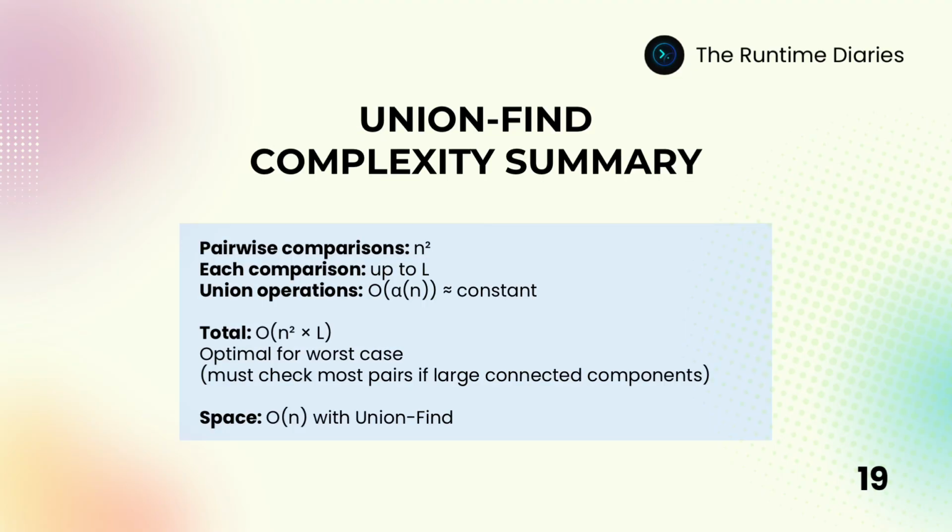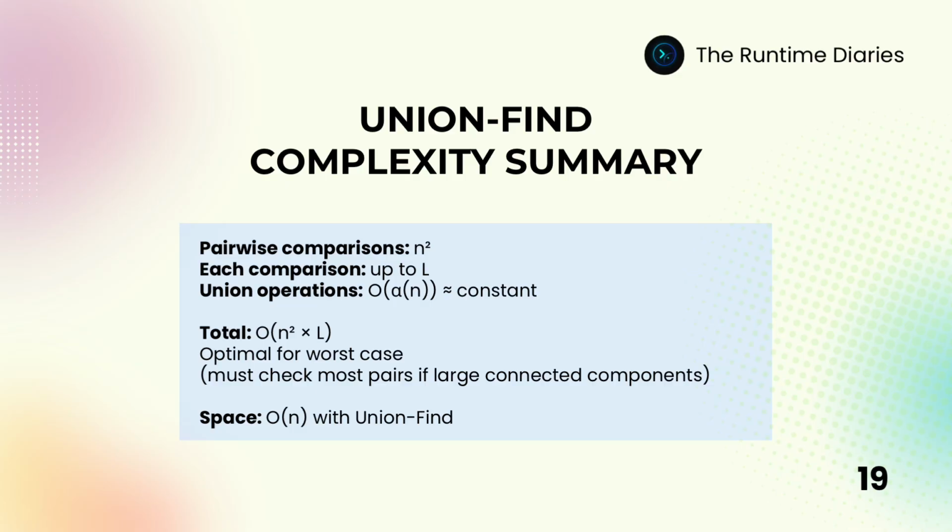Let me summarize the final complexity analysis. You need to check roughly n squared pairs of strings. You can't avoid this in the worst case. Each comparison takes up to L time to scan through the characters, though early exits make the average case faster. Each union or find operation in union find takes O of alpha of n time, which is effectively constant.